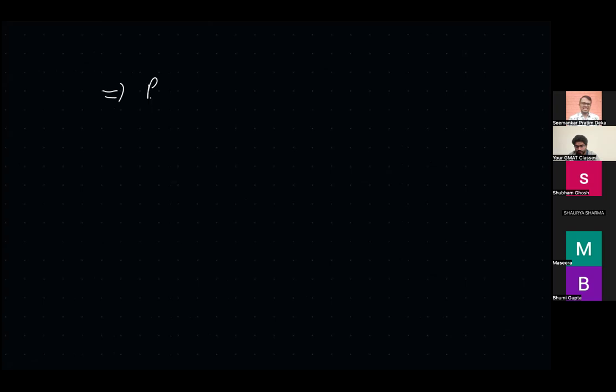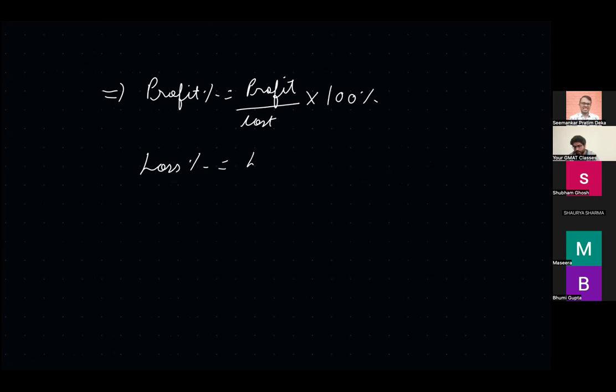Profit percent will always be equal to profit upon cost into 100%. Loss percent will always be equal to loss upon cost into 100%.